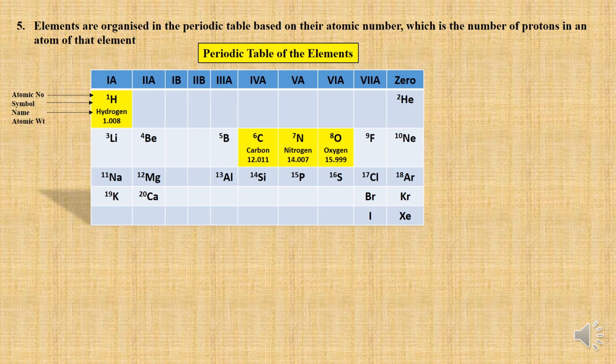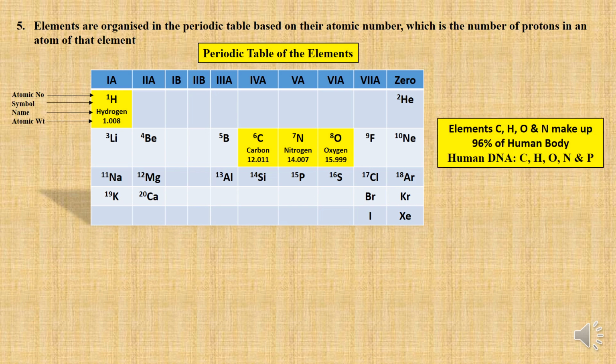I can see that I have highlighted only 4 elements in the periodic table. The reason being, these are the 4 elements that are common to all living organisms, including humans.